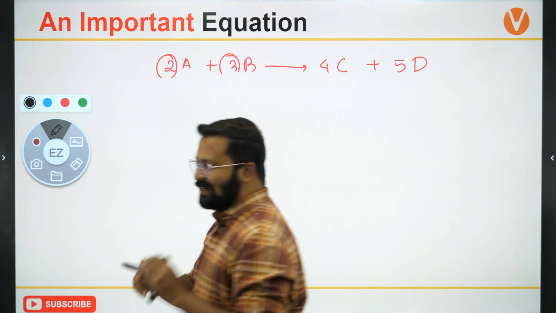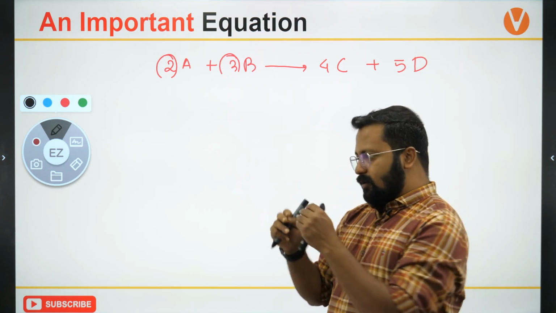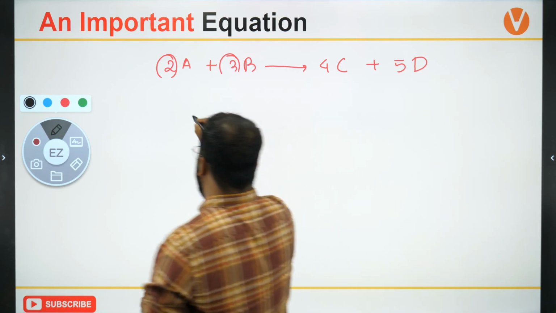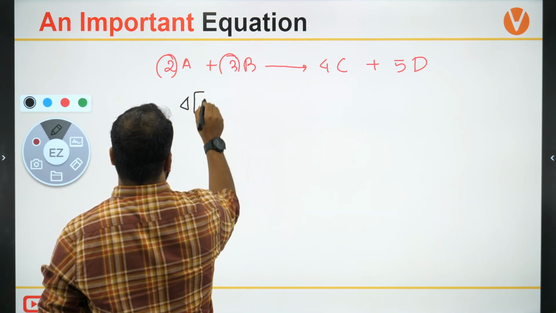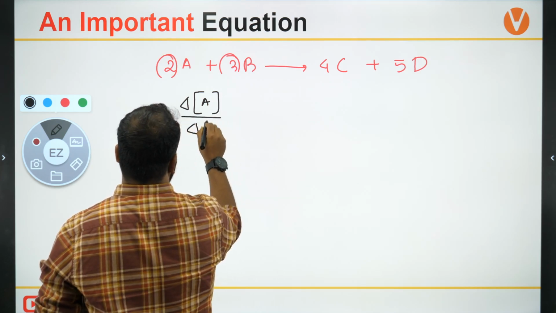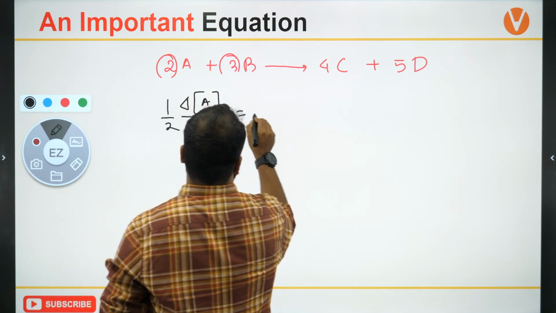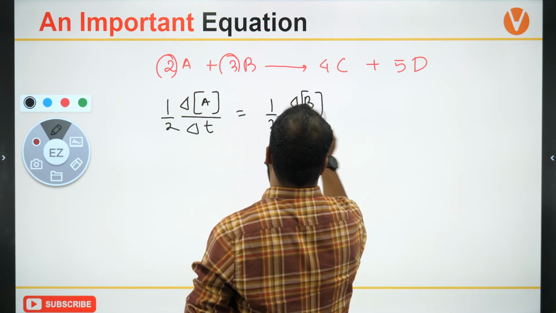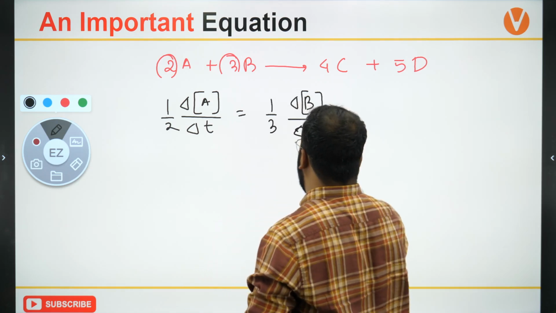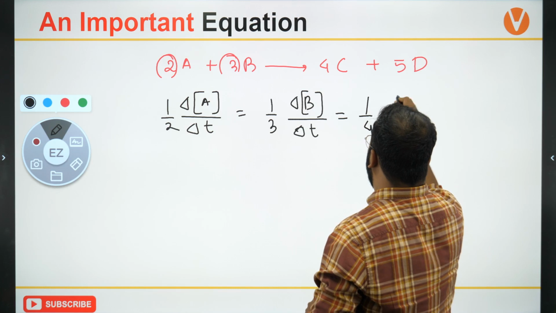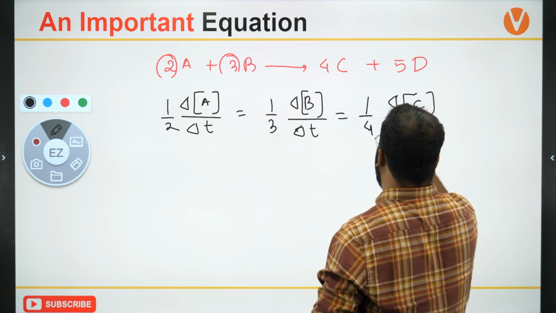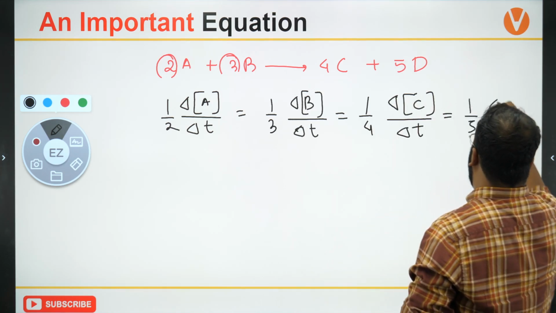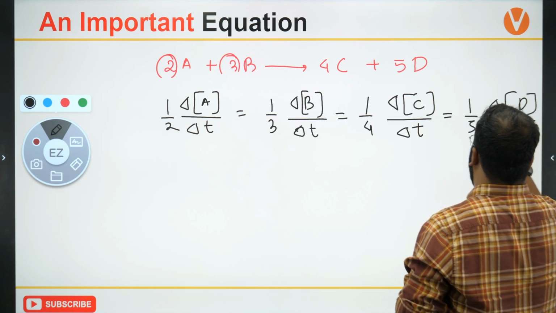Whether you take dA by dt or d of the concentration by dt or delta by t, I can always say 1 by 2 delta of concentration of A upon delta t will be equal to 1 by 3 delta of concentration of B upon t, equal to 1 by 4 delta of concentration of C by t, which will be 1 by 5 delta of concentration of D upon dt.